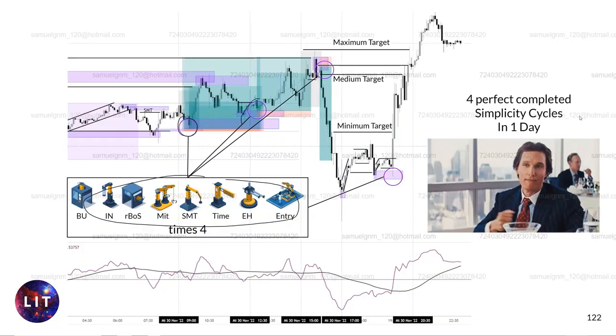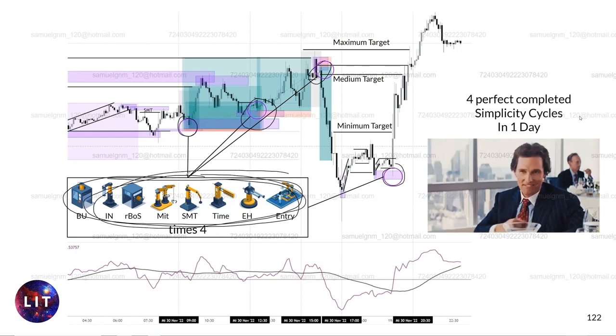We had this perfect full cycle, full simplicity stages done. We had this fully maxed out simplicity approach done, and at this stage we also had this simplicity approach fully maxed out again, right? So 4 perfect completed simplicity cycles in just one day.